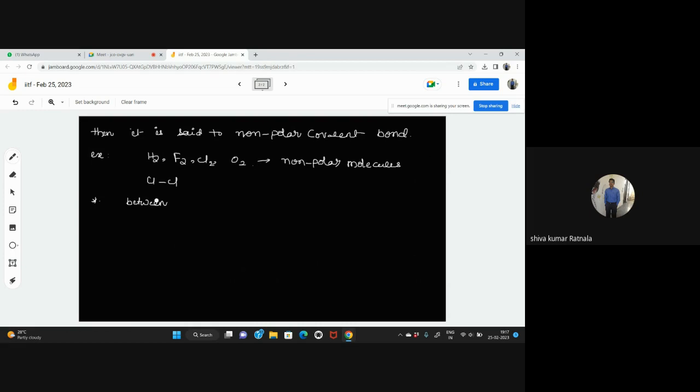Between two atoms, if an electronegativity difference is there, then that bond is said to be a polar bond.